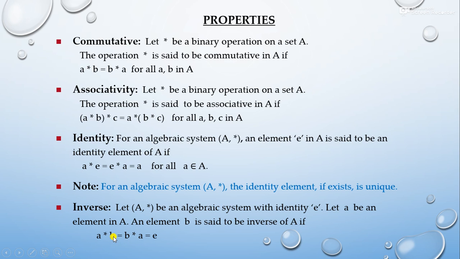So a star b is equal to b star a is equal to e. If this property holds, then we can say that the algebraic system has the inverse. It means b is the inverse of a and a is the inverse of b. Clear?